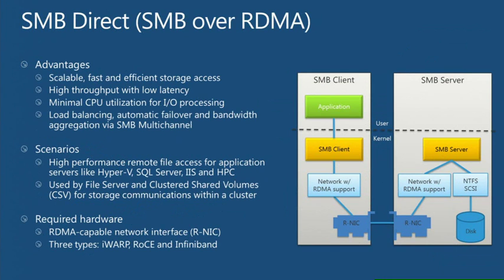SMB Direct. That one is a personal favorite of mine because I am the PM for that feature. The idea here, there is an entirely new set of capabilities in NICs these days that used to be a privilege of people that work in high-performance computing. SMB Direct is essentially letting the NICs do the actual transfer of data.